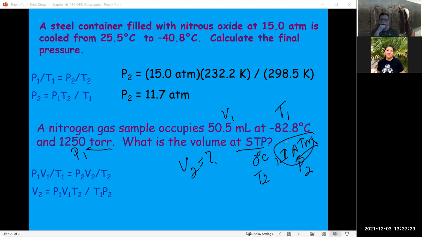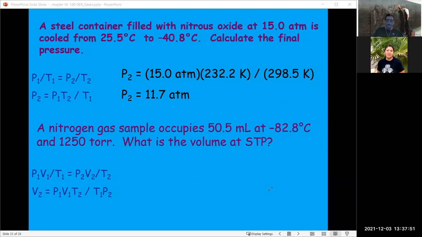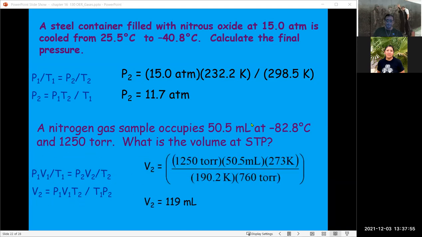They gave you the relationship between atmosphere and torr, so you can convert one to the other. Then all calculations have to be in Kelvin, so we're going to convert Celsius to Kelvin. Those are the things you have to be aware of when doing these calculations.